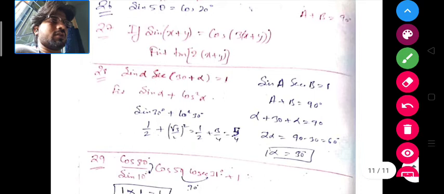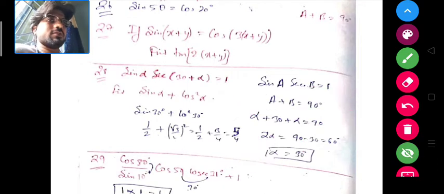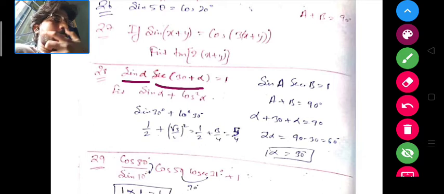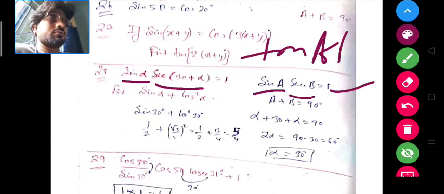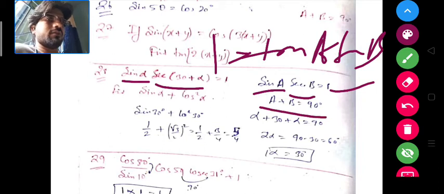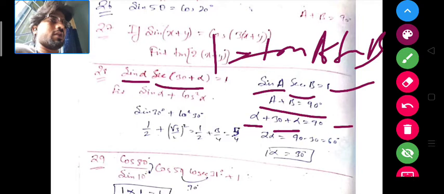Okay, here also we have a question about the same concept, sine alpha and sec 30 plus alpha is equal to 1. So when sine A and sec B is equal to 1, for tan A tan B is equal to 1, we have A plus B is equal to 90 degree. So alpha plus 30 plus alpha is equal to 90 degree here according to the question.